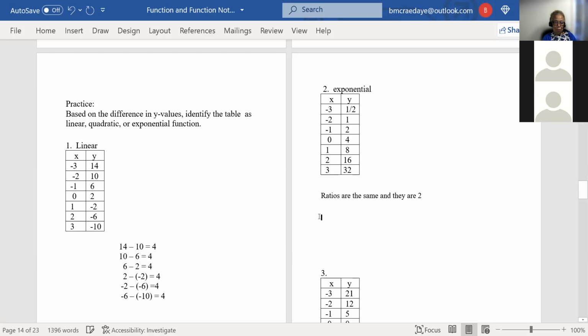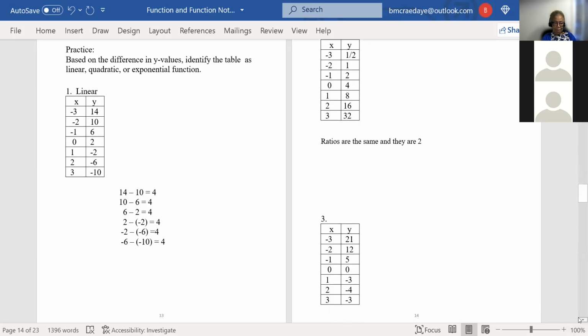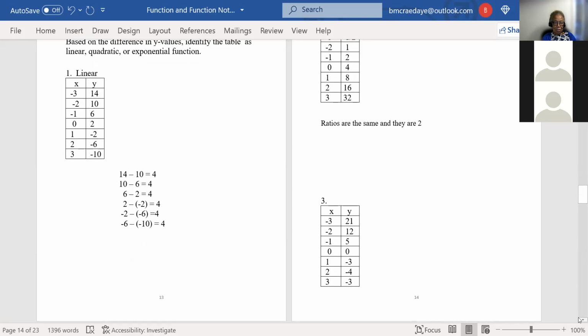All right, do number 3. Tell me what that one is. 1 was linear, 2 was exponential. Now do number 3. Tell me what you get, which function it is, and why it is that function. Get your differences.